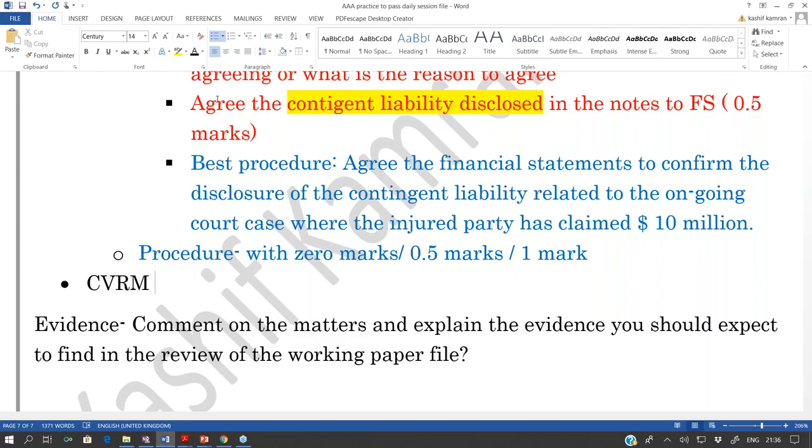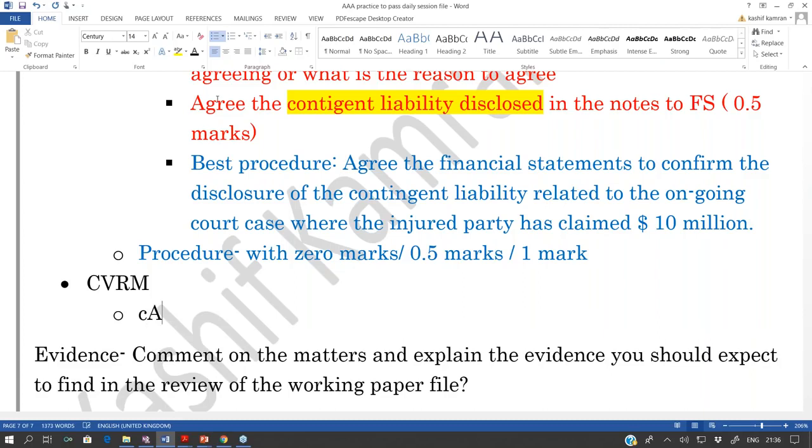Now, C is the case. And I just told you that they have to be case specific. The more, the better. So if your procedure is case specific, that is the best procedure. Suppose you're writing subsidiary, but you write the name of the subsidiary, that's better.